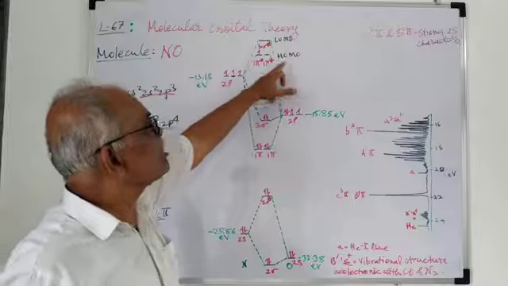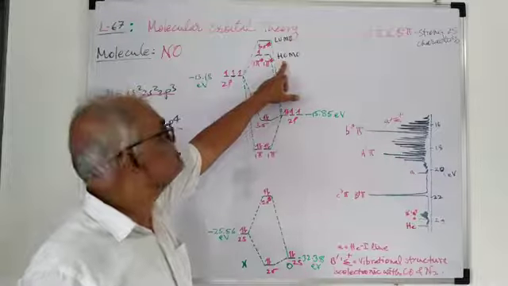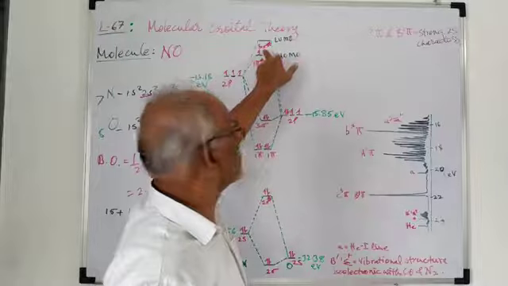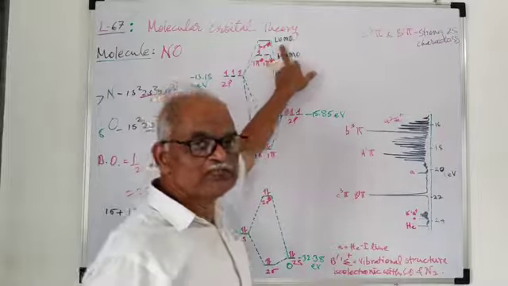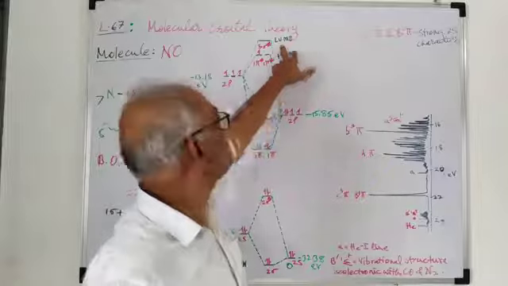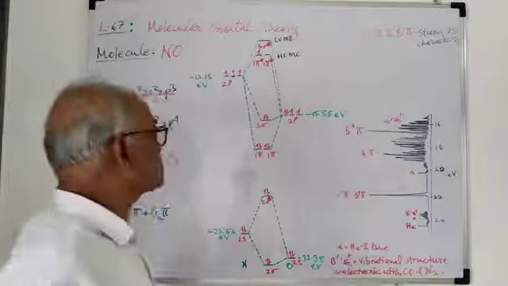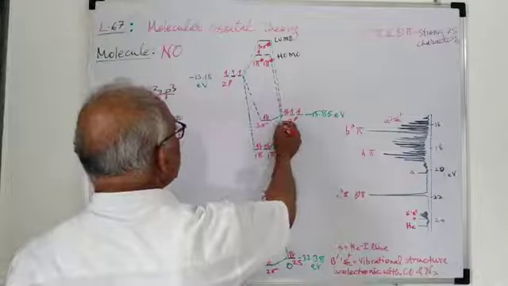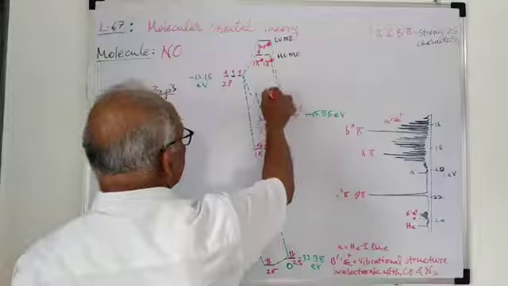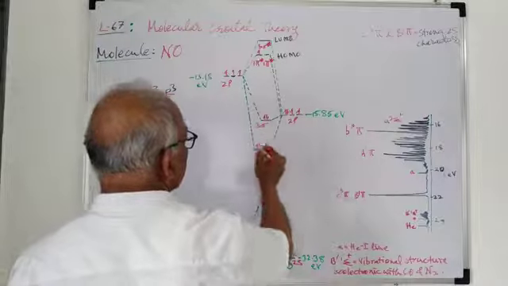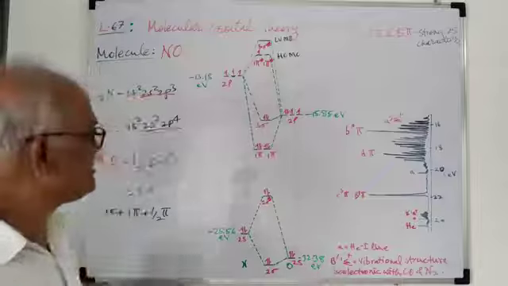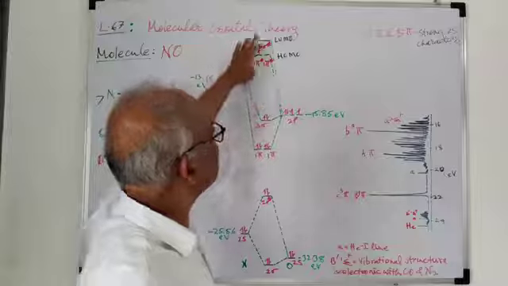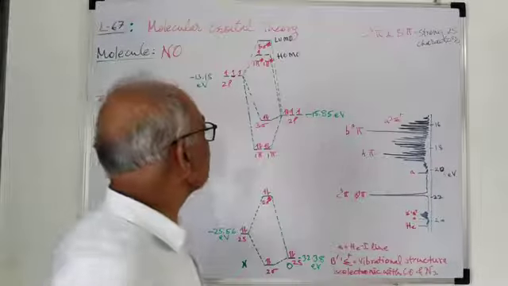Further, this is called a HOMO, highest occupied molecular orbital, because it contains 1 electron, and this is a LUMO, lowest unoccupied molecular orbital. There is no electron. So we can have this molecular orbital order, where we can find the bonding 3 sigma, and this separation is also larger.